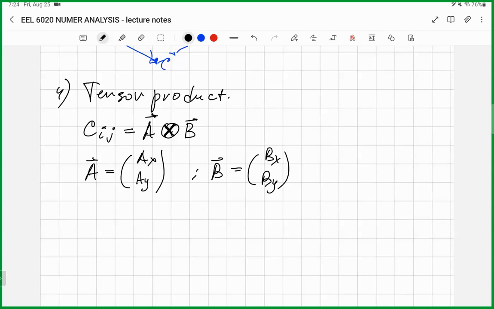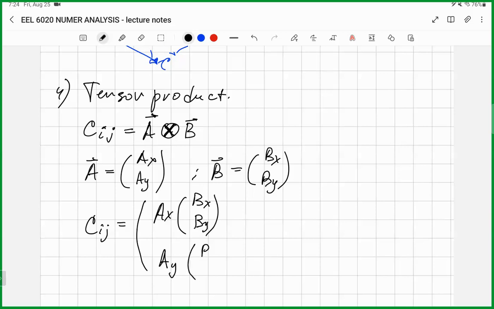Then the tensor product is nothing but the product of each component of the first vector by the second vector. So it will be another vector with components AX multiplied by vector B, and the same for the second component, AY multiplied by BX, BY.